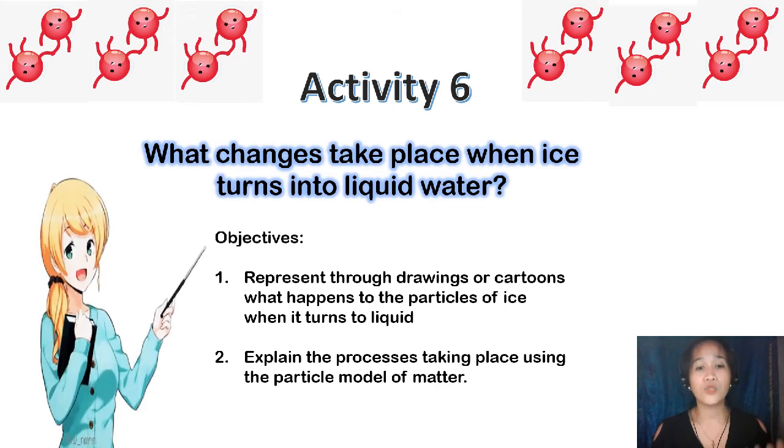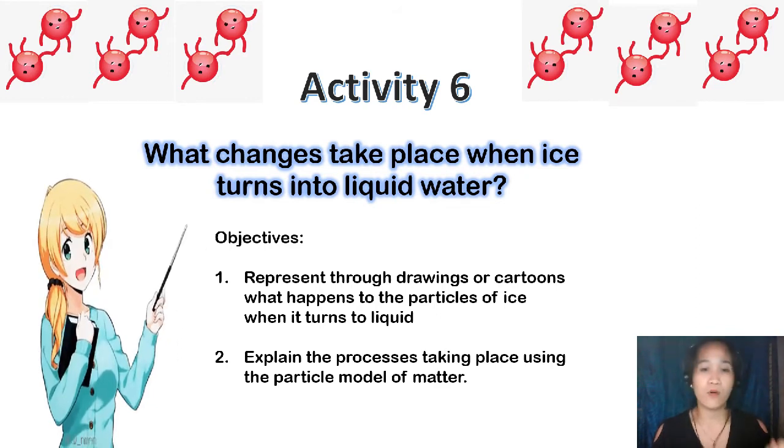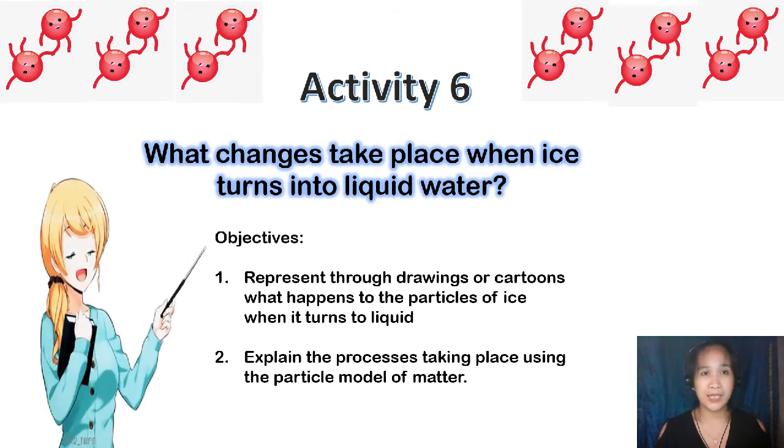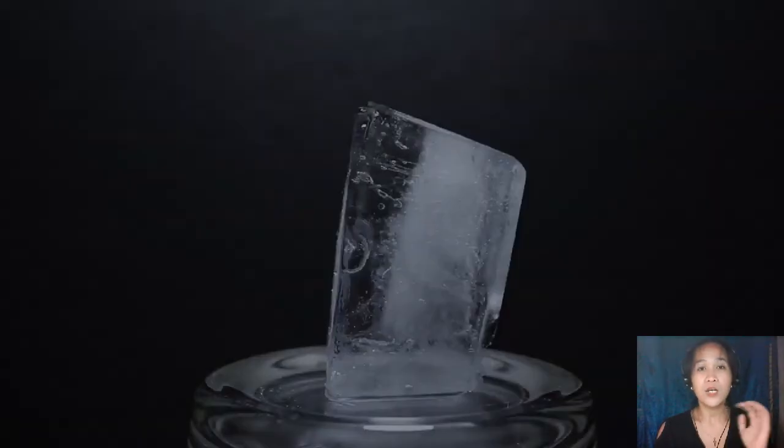And second, you are going to explain the processes taking place using the particle model of matter. So try to observe what happens to the ice cubes. It is a time lapse, guys, of 15 to 20 minutes. So try to watch this video again.